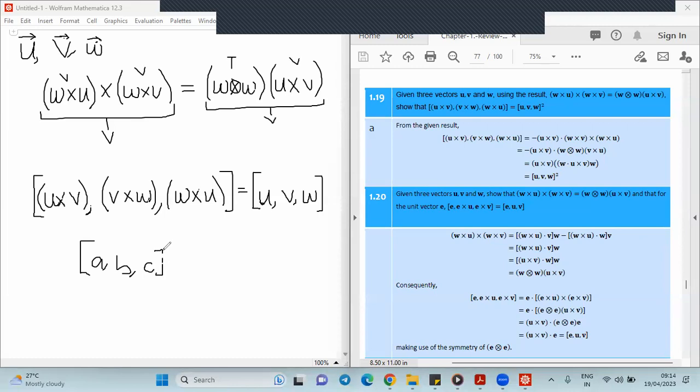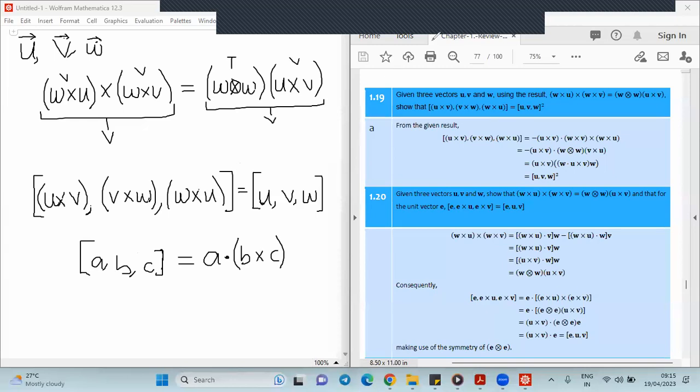When you have a square bracket with three vectors inside, it's a triple dot product, which translates to A dot B cross C. We will see from questions in this document that the dot and cross are interchangeable, and the letters are interchangeable as long as they follow the same order: ABC, BCA, or CAB. You can always change the cross and the dots.